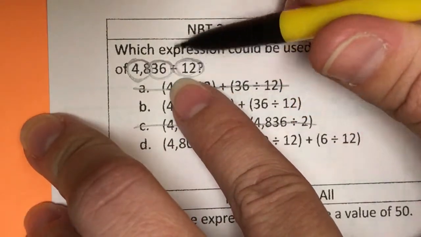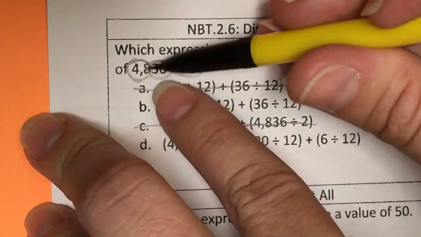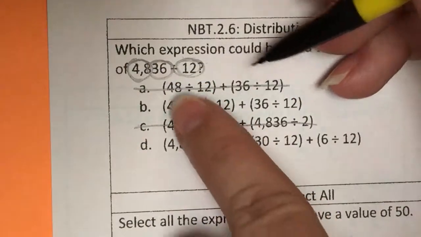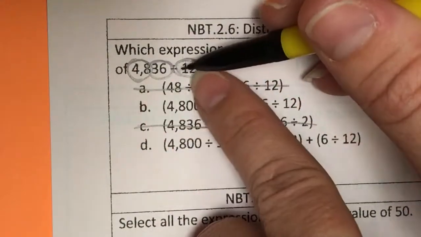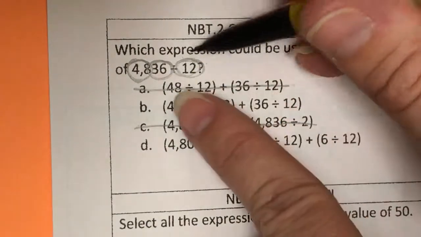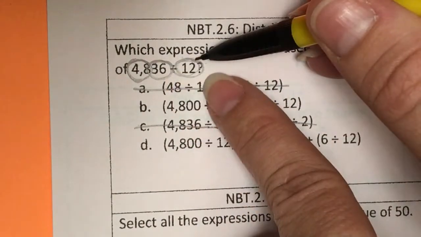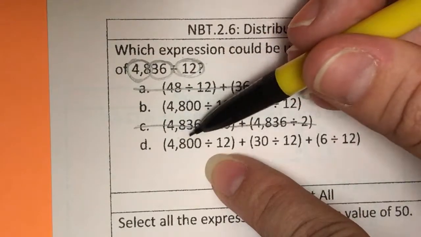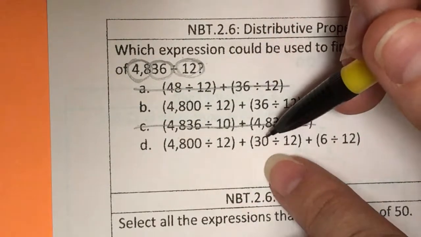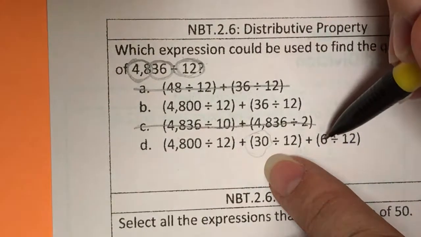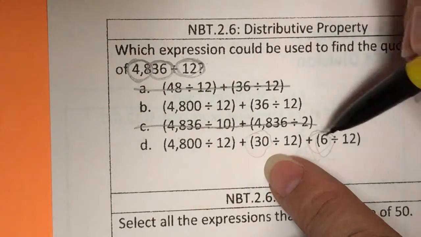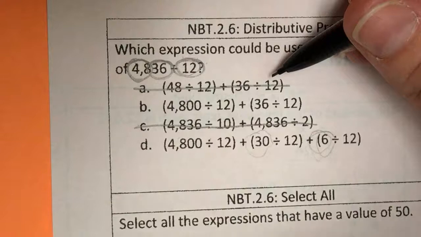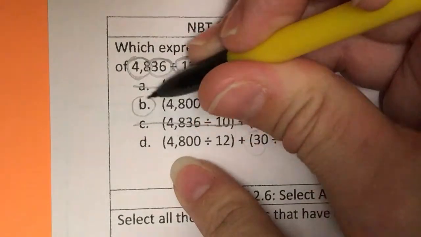Is that really 36? Yes, it is. It's 3 tens and 6 ones. So you're looking for 4,800 divided by 12 plus 36 divided by 12. You'll notice this has 4,800 divided by 12, but here it breaks down the 30 and the 6 divided by 12, and since they don't go evenly, that's not the answer we're looking for. The correct answer is B.